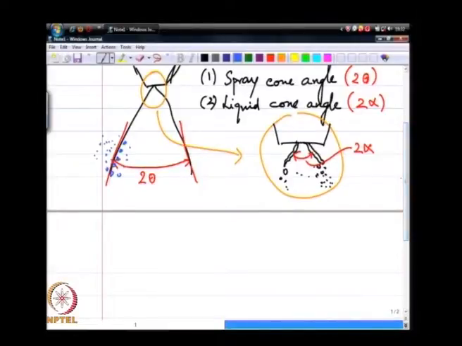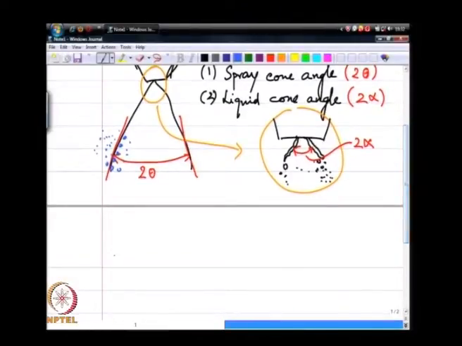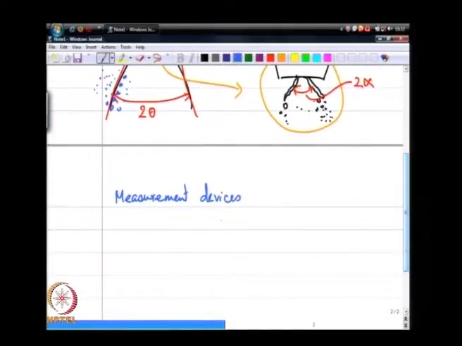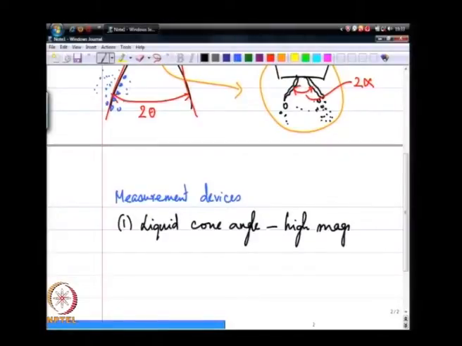But in the industry, typically one could use what is called a blade protractor. So, measurement devices for each of these. First, for the liquid cone angle, your best bet is a high magnification image.